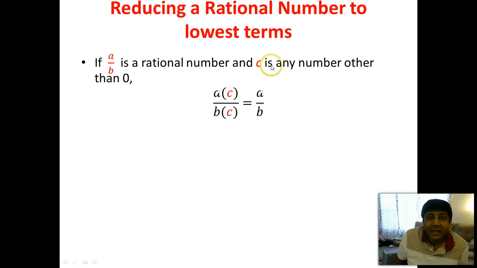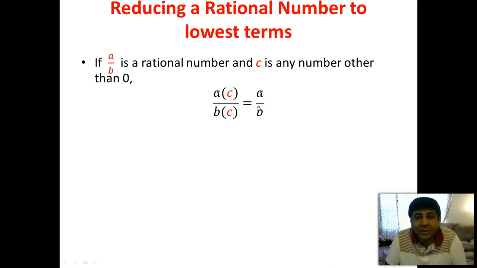This property says that if you multiply and divide the top and the bottom with c, it does not change anything. Let me bring it down in simple words. If you have a fraction and you take a number which is other than 0 and you multiply it with the top and the bottom, things will not change. The fraction will remain unchanged. Its behavior will remain unchanged, as long as you do the same thing in the numerator and the denominator.